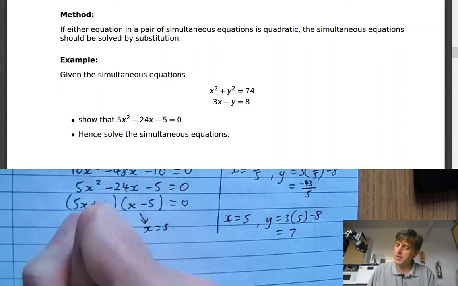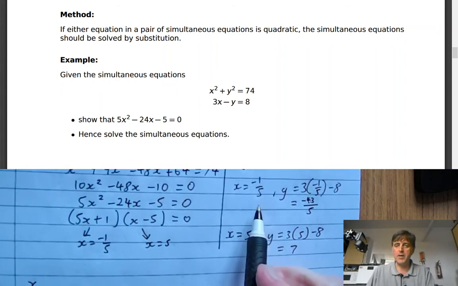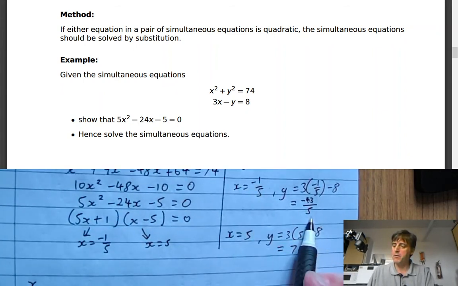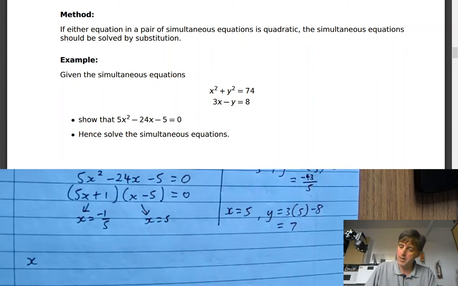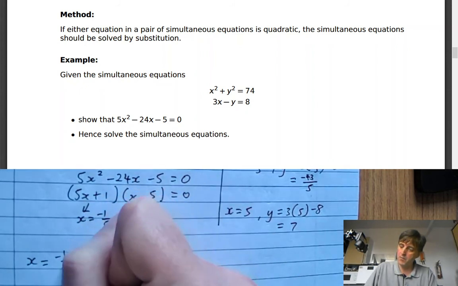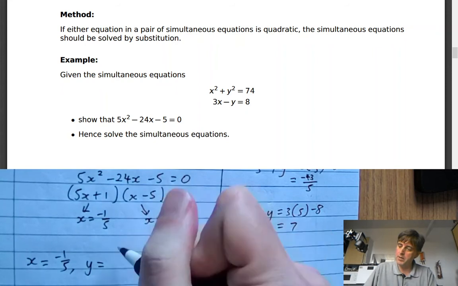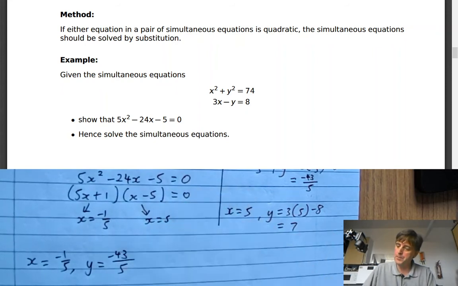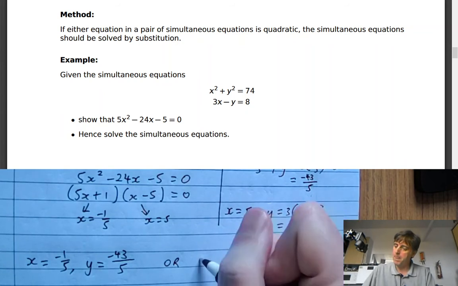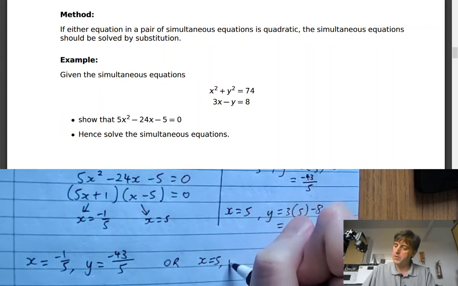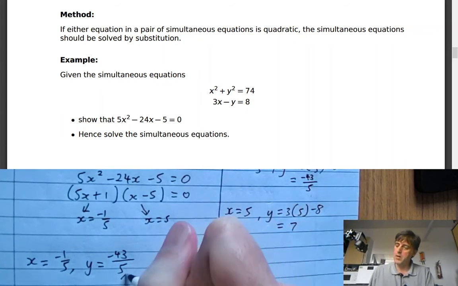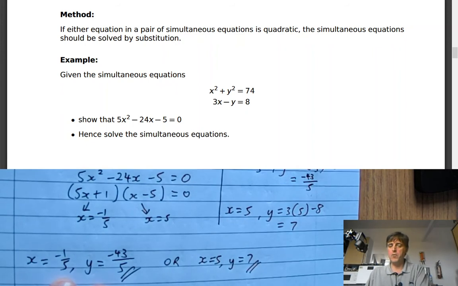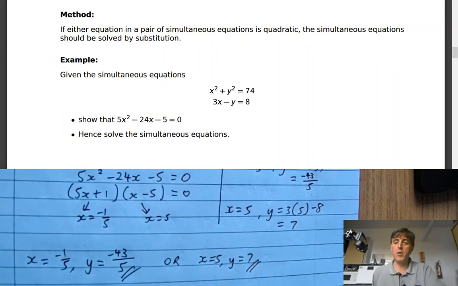When x equals minus 1 over 5, then y was minus 43 over 5. I'll write that down here. X equals minus 1 over 5 and y equals minus 43 over 5. That's one of our solutions. But we've got another solution here, which is when x equals 5, y equals 7. So those are the two solutions for these simultaneous equations.